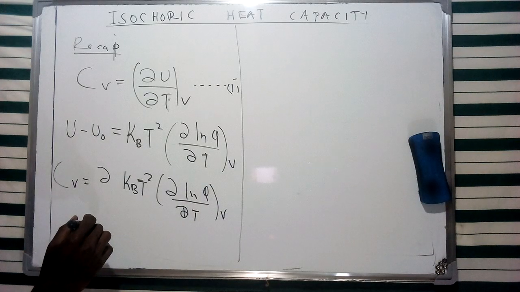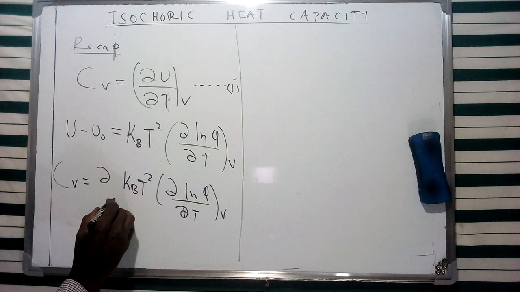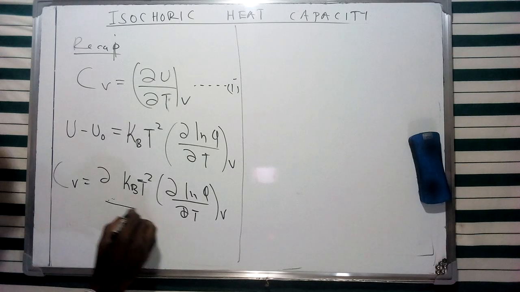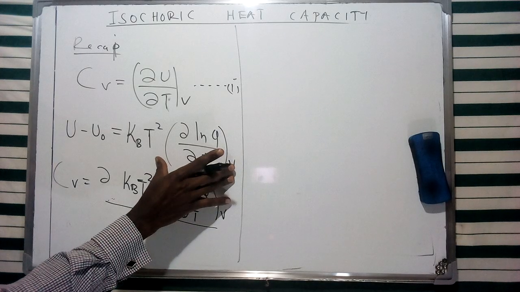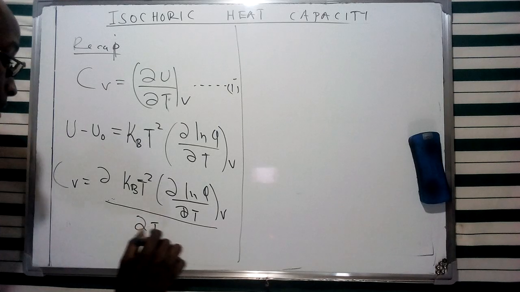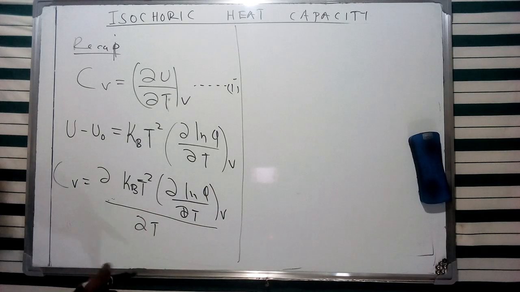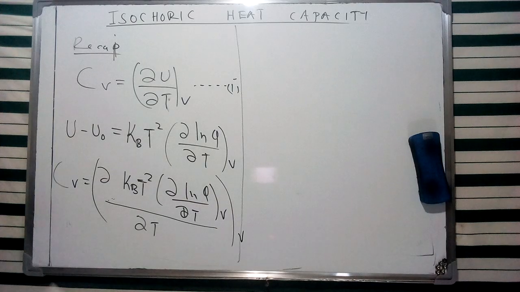And this is going to be given as this one all over dT. I've done a substitution basically of this specific section for you, and this is going to be given in terms of that one at constant volume as such.